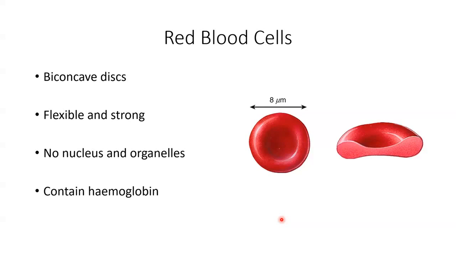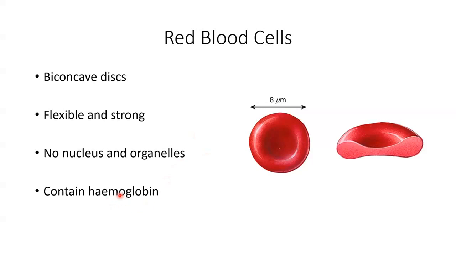Red blood cells are strong but quite flexible, which allows them to bend but not rupture as they squeeze through our really narrow blood capillaries. Our red blood cells actually lack a nucleus and organelles, which in some ways is good because all of their internal space is available for oxygen transport.